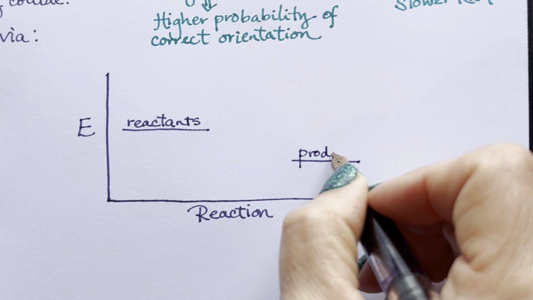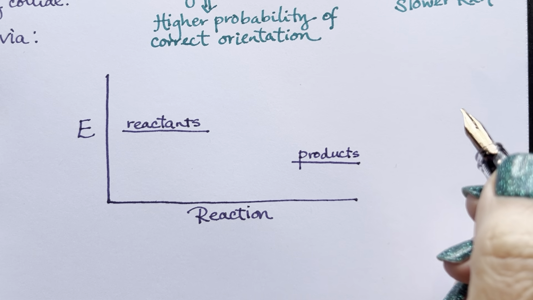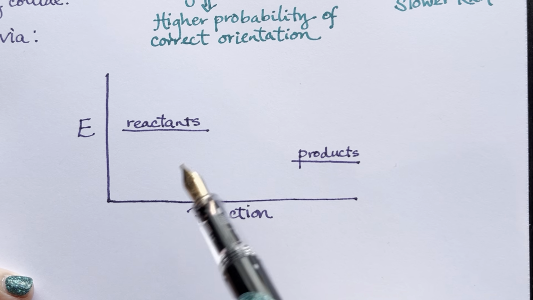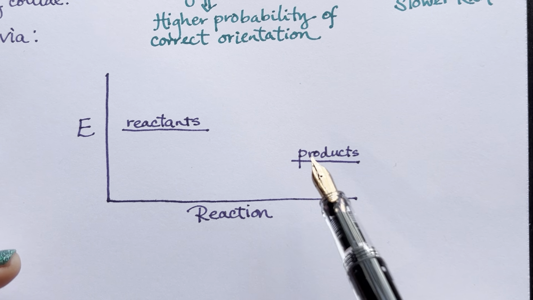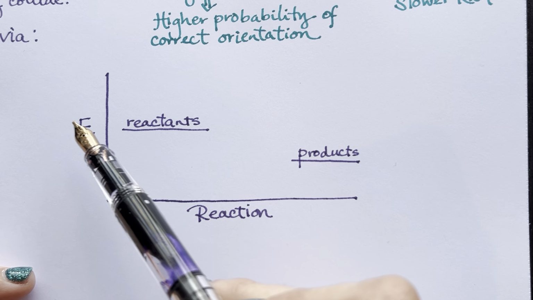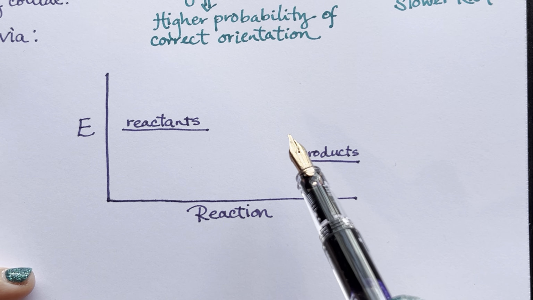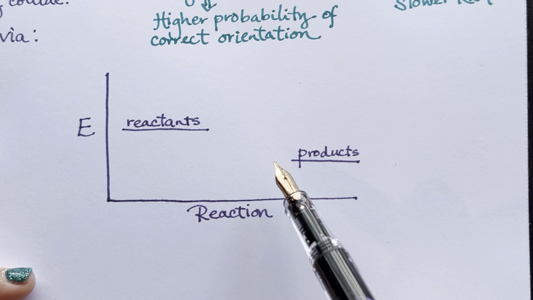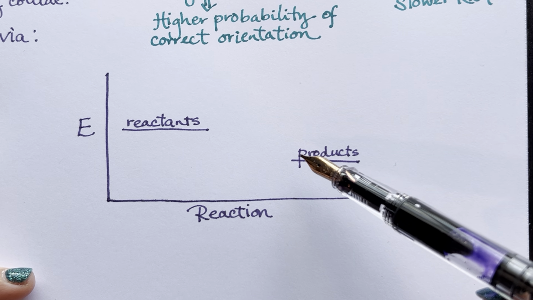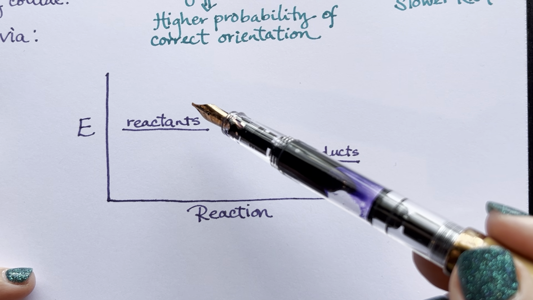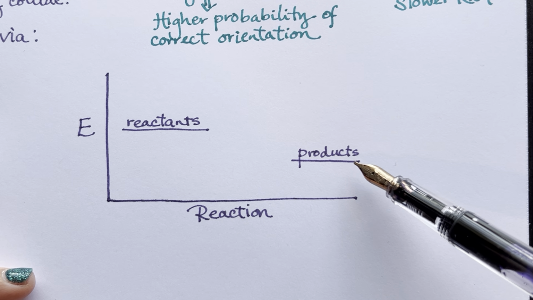So if you're looking just at enthalpy, you may call this exothermic. If you're looking at overall energy or Gibbs energy, exergonic is a term. But this would be a thermodynamic point of view. What was the energy overall in the beginning? What's the energy overall in the end?